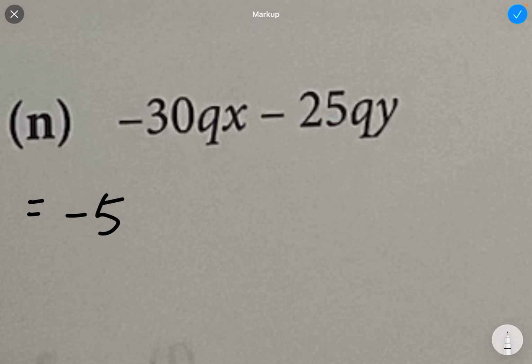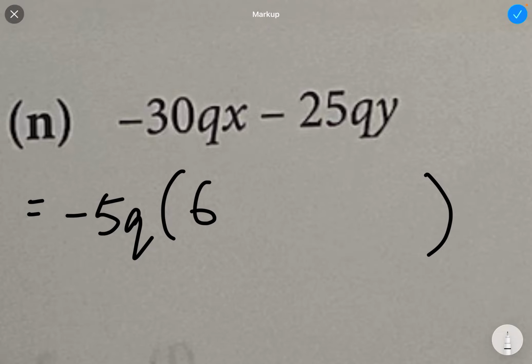Qx, Qy both can divide by Q, so I also take out Q. Then what is left behind inside the bracket? I should have 2 terms also. Minus 30qx divided by minus 5q. Minus minus cancel, it will become positive. 30 divided by 5, 6. Qx divided by Qx.